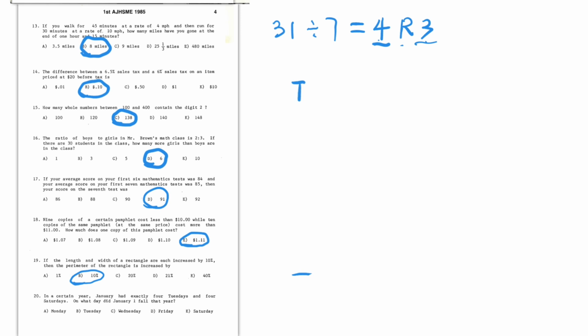Tuesday is 4 times. That's 4 Tuesdays, and also 4 Saturdays. Wednesday, Thursday, Friday, and Saturday. After Saturday, Sunday, and Monday.